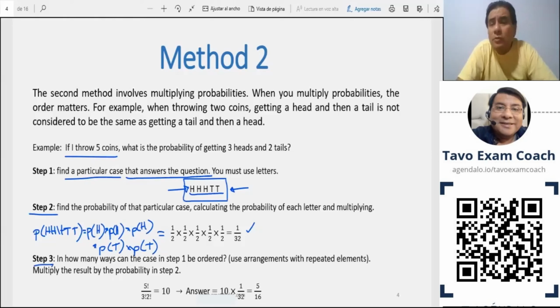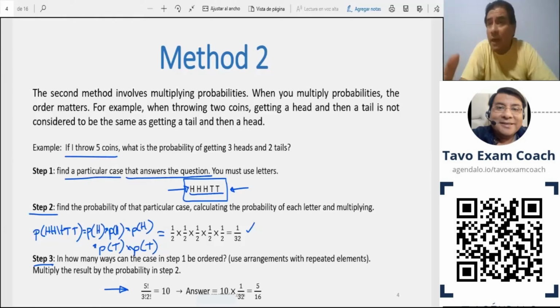For that, we're going to do step 3. We are using the formula for the rearrangement of elements with repetitions. That is to say, we want to know in how many ways these 5 letters can be arranged. For that, we use the formula where you calculate the factorial of the total number of symbols.